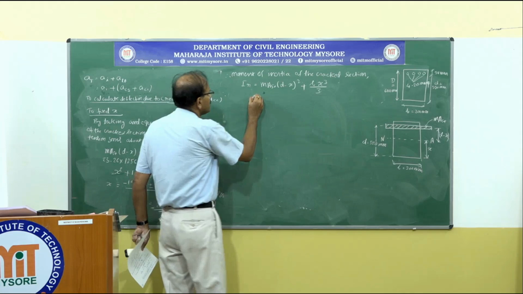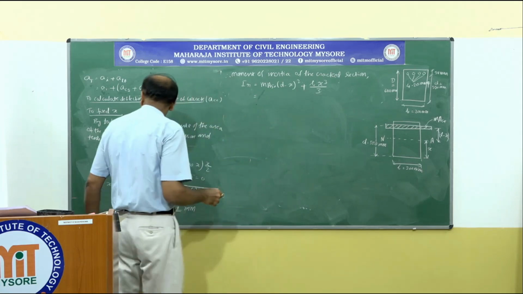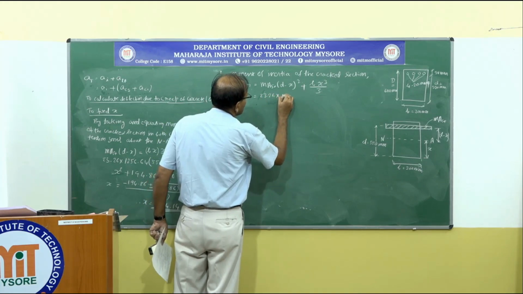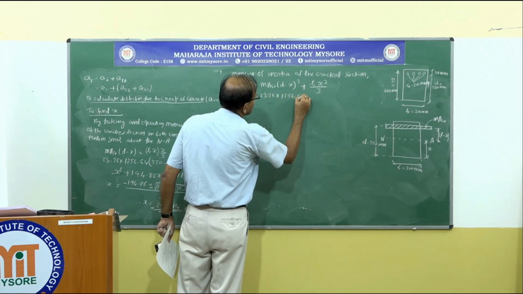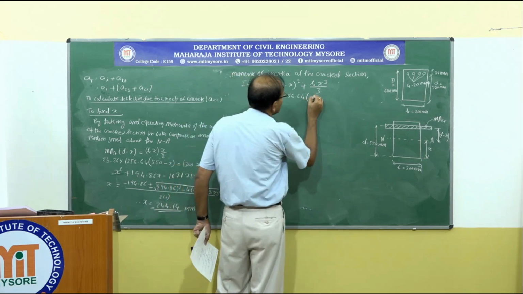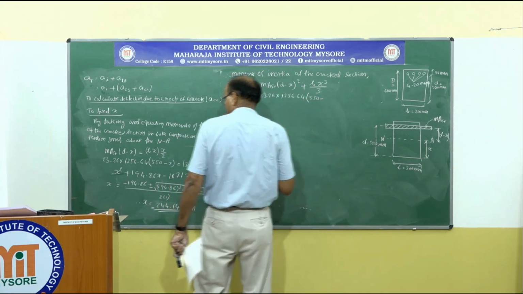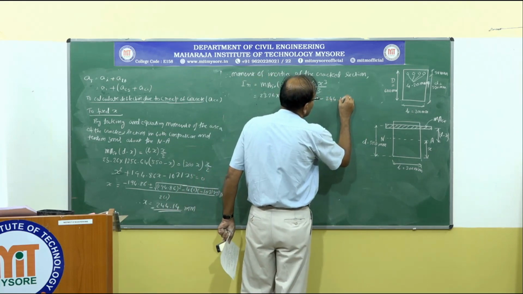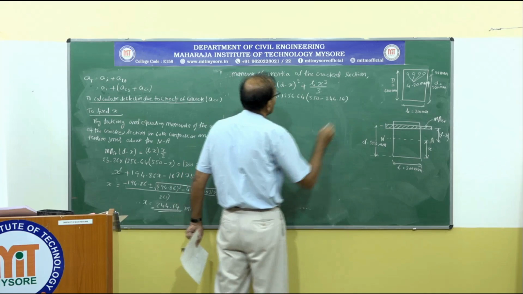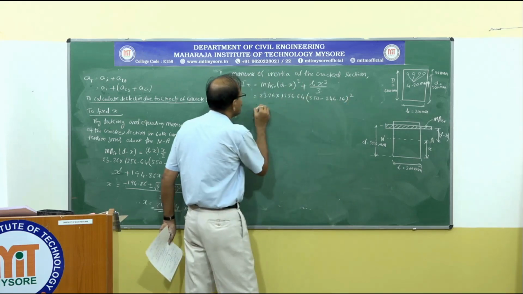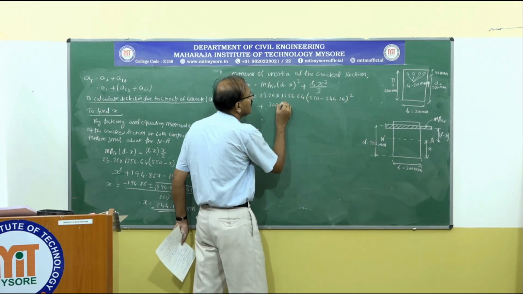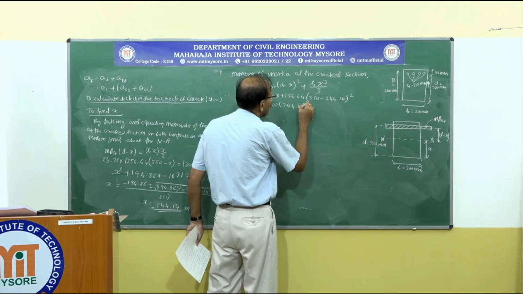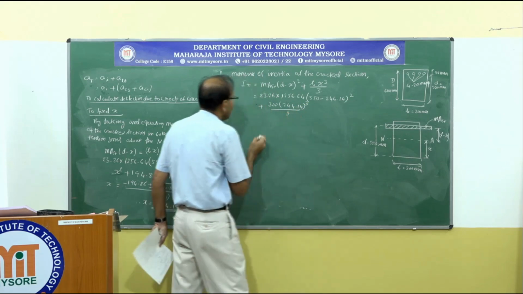So we know m, that is equal to 23.26, Ast is 1256.64, d is 550 minus x is 244.14, squared, plus b is 300 and x is 244.14 cube divided by 3.